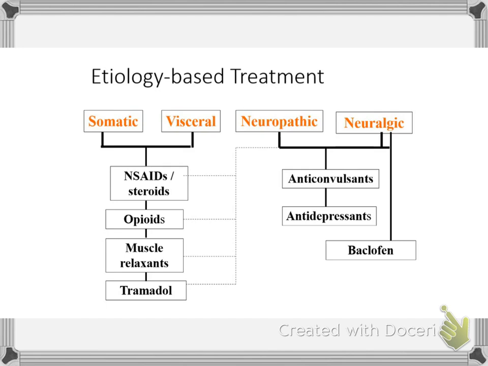This is just a little flow chart saying that if it's somatic or visceral pain, we will start off with NSAIDs or steroids, right? Because you don't come into my office and say, I don't know, my knee hurts, and I'm like, all right, here's some Percocet, right? Maybe in a hospice I do, but not in the normal world. The first thing I'm going to do is probably put you on naproxen, twice a day, for the inflammation.